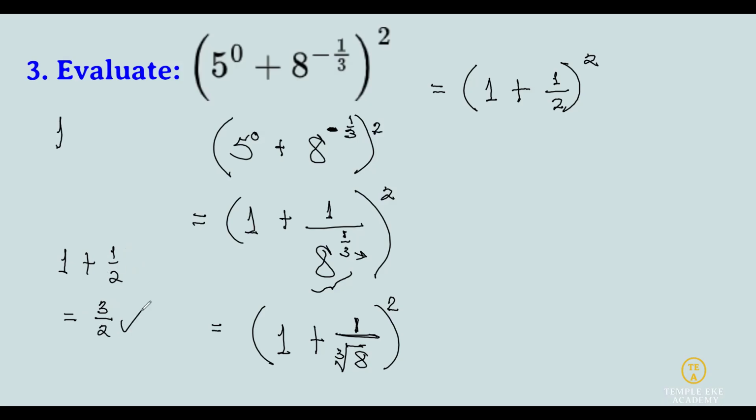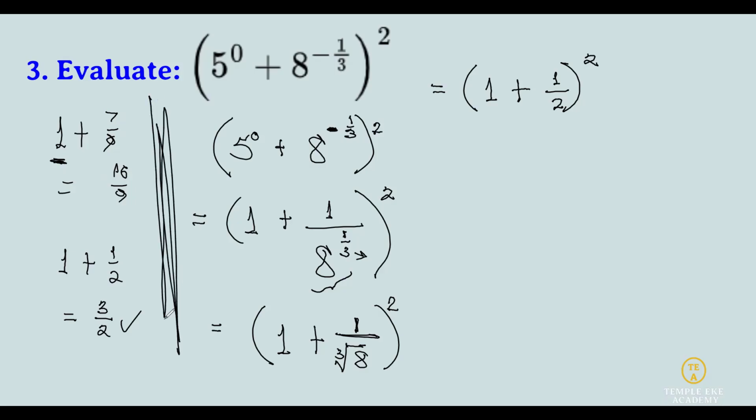Even if you have 1 plus 7 over 9, same principle. Simply go numerator plus denominator, 7 plus 9, that's 16, over that same 9. So long as you're adding to 1, it's under fractions. So look for the video on fractions and learn. So this is going to give us 3 over 2, all of these squared.